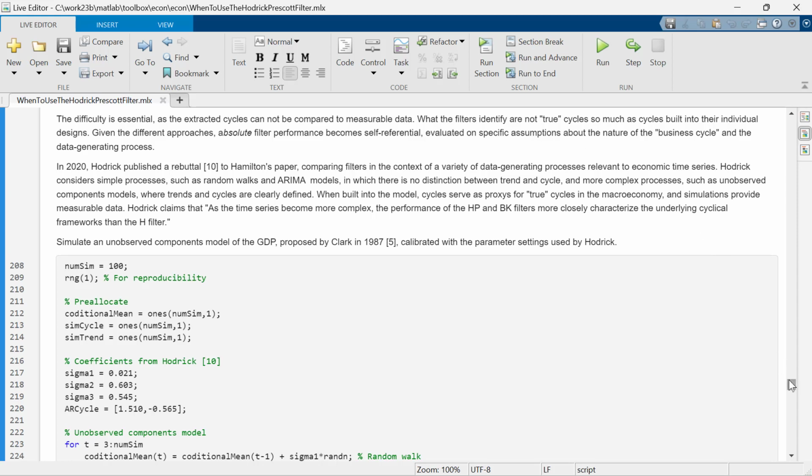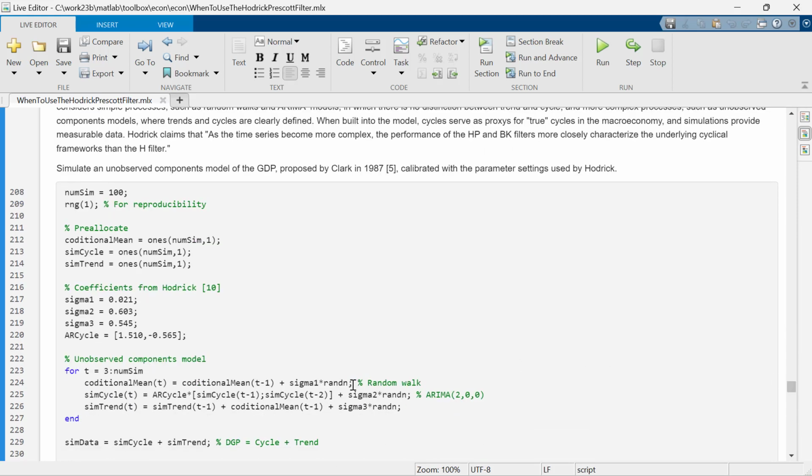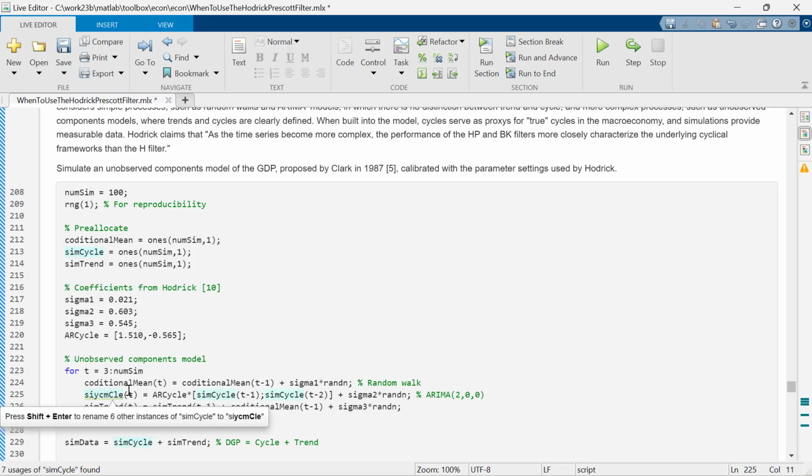and put them together. So this code is going to, using parameters that Hodrick has estimated from GDP data, be an unobserved components model with a cyclical component here and a trend component here, and the data is going to be the sum of the simulated cycle and the simulated trend.